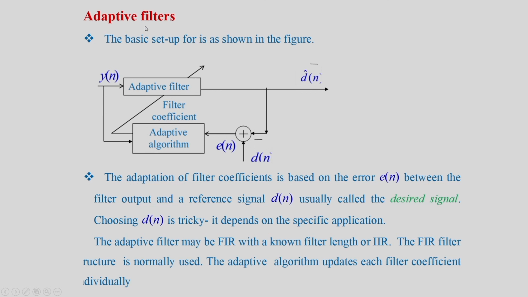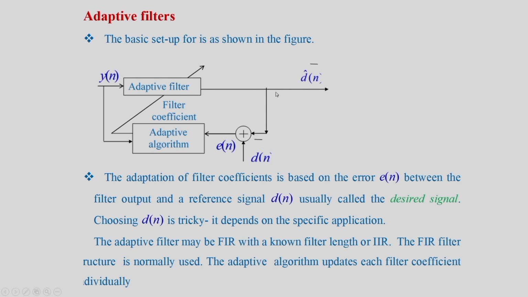We also discussed the adaptive filter. The basic setup for the adaptive filter is like this. y[n] is the input, and this filter structure, generally an FIR filter structure, processes the observed signal, and we get some output here that we call d hat n.